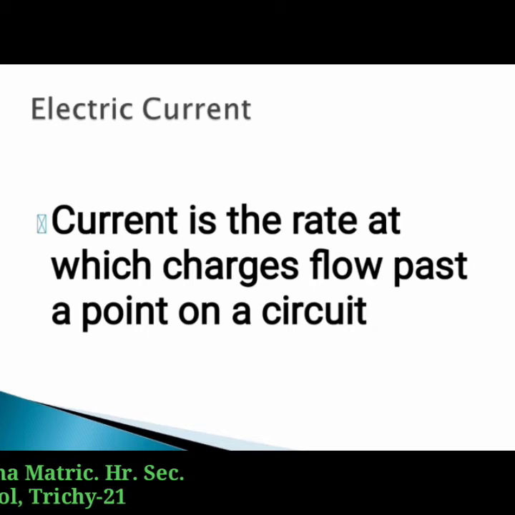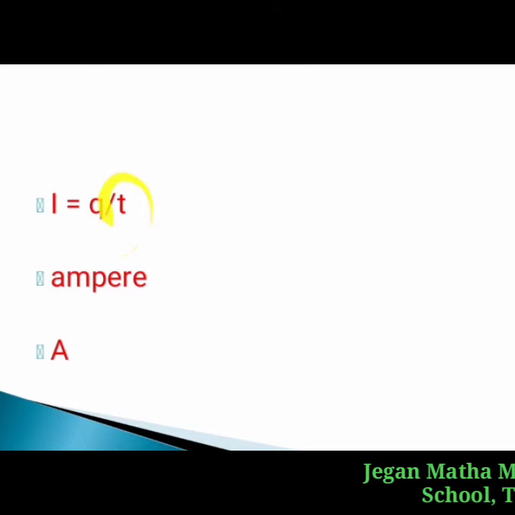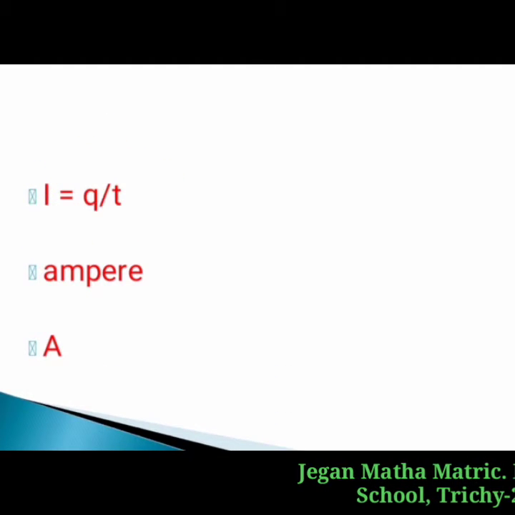If Q is the quantity of charge passing through a cross section of a wire in a time t, then the quantity of current I is represented as I is equal to Q by t.